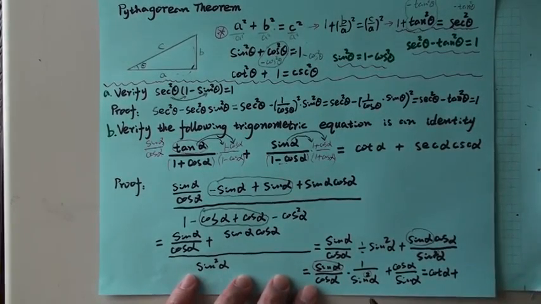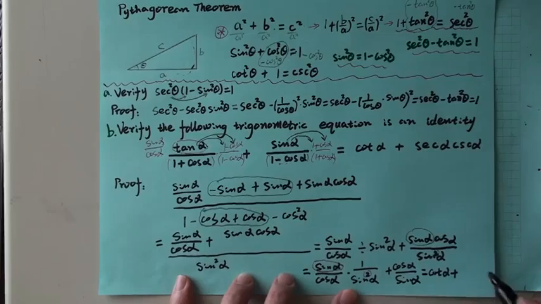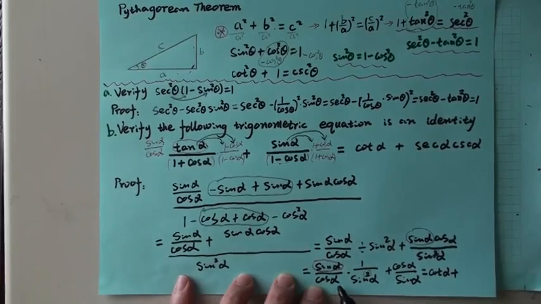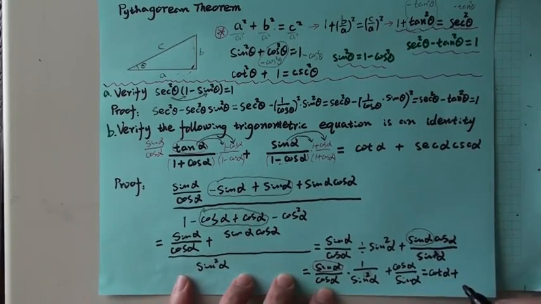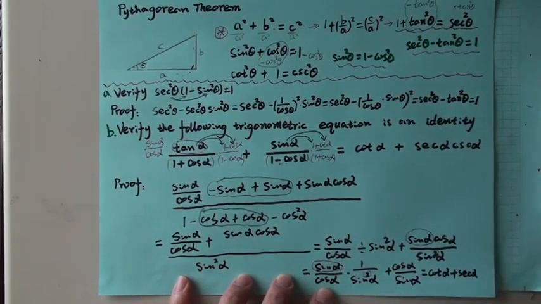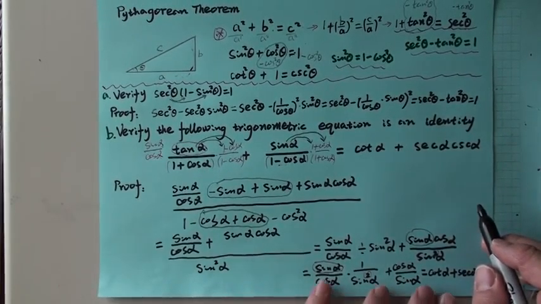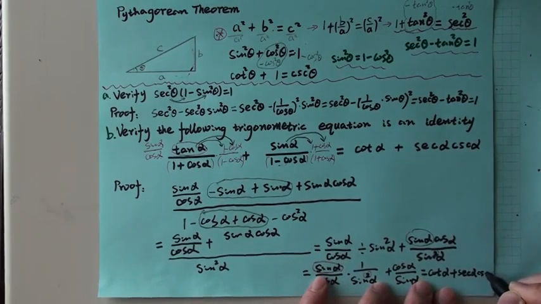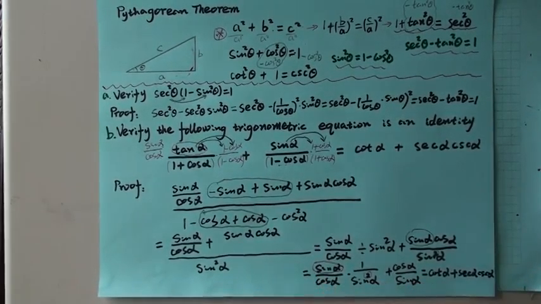This quantity is 1 over sine alpha times 1 over cosine alpha. 1 over cosine alpha is secant alpha, and 1 over sine alpha is cosecant alpha.